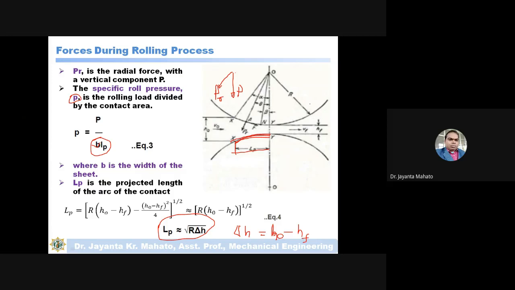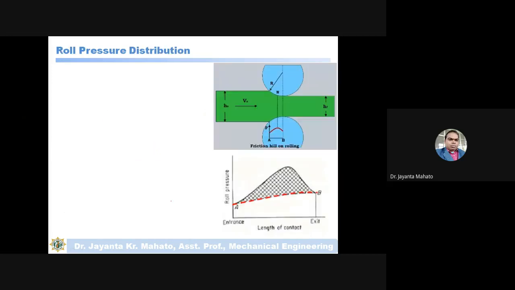R is the radius of the roller. Just remember this formula: Lp is root over R into del H.